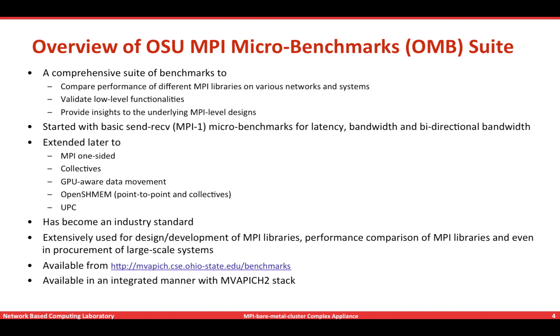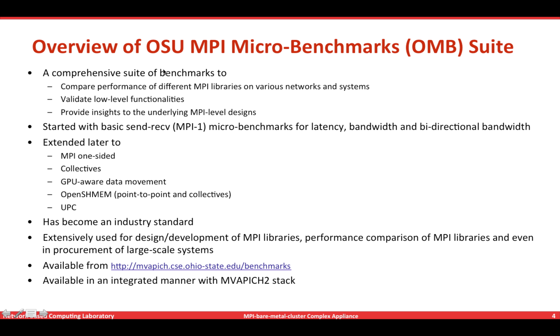Since we are going to understand MPI-level communication and measure its performance, we have to use some benchmarks to do the experiments. In the OSU group, we have developed the OSU MPI Micro-Benchmarks, called the OMB suite. This benchmark suite covers a lot of different perspectives of MPI performance measurement.